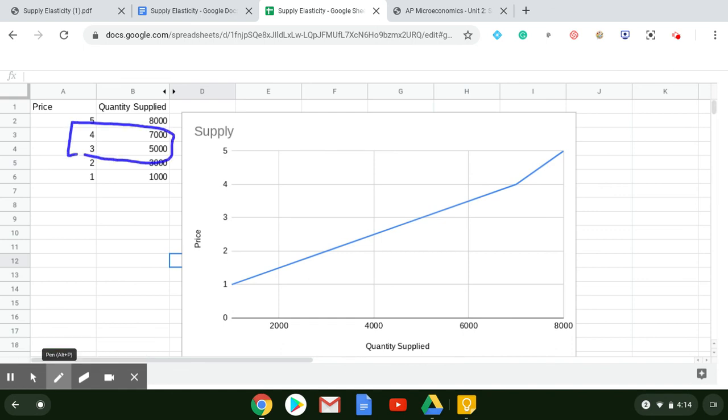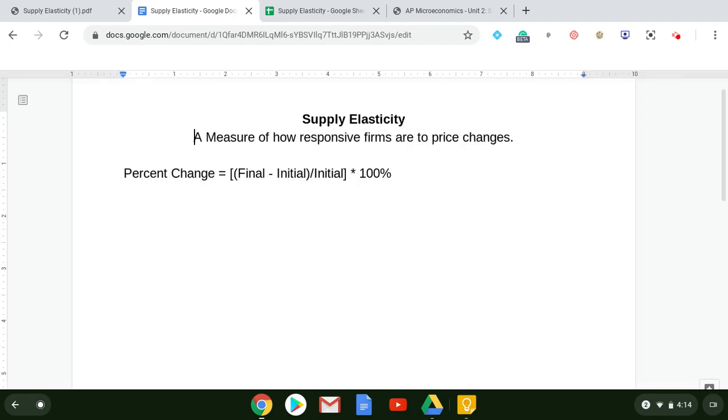Let's do this. From 5,000 to 7,000 and from 3 to 4. Okay. Hopefully, I haven't chosen one that's too difficult to do. Okay. So, go to this right here, talking about percent changes once again.